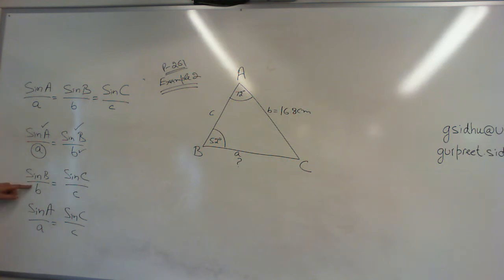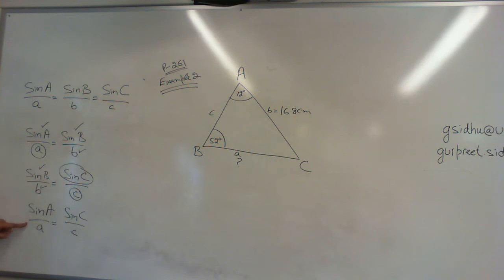If you try using this formula, how many numbers are known? You know B, so this is known. Do you know C? This number is unknown. Do you know this C, the length? No, this is unknown. Do you know B? The length B, yes. So how many unknowns are there in this formula? 2. You can't use this formula.